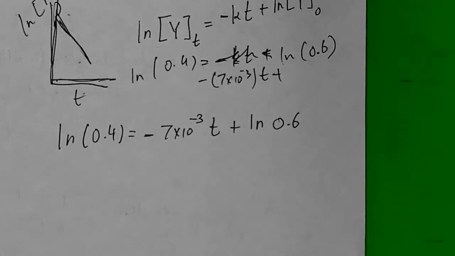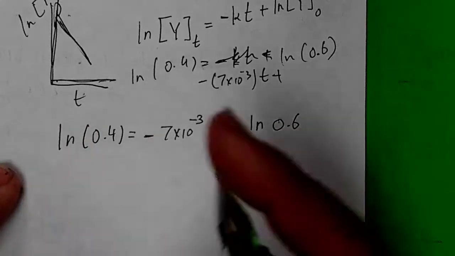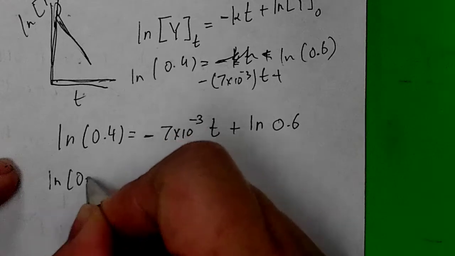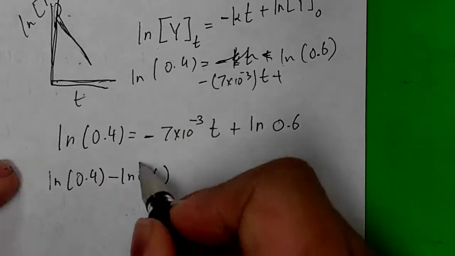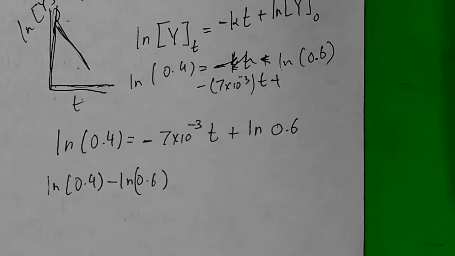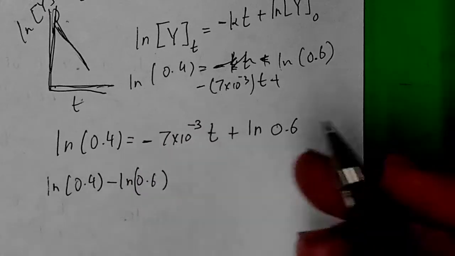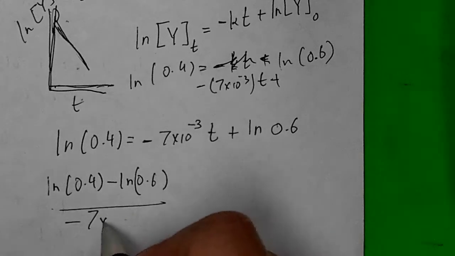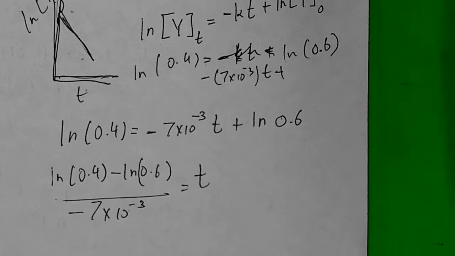I'm going to subtract it, so ln of 0.4 minus ln of 0.6. If you do that, I can tell you you're going to get a negative number. But guess what? You're dividing by a negative number, so you do get a positive answer.